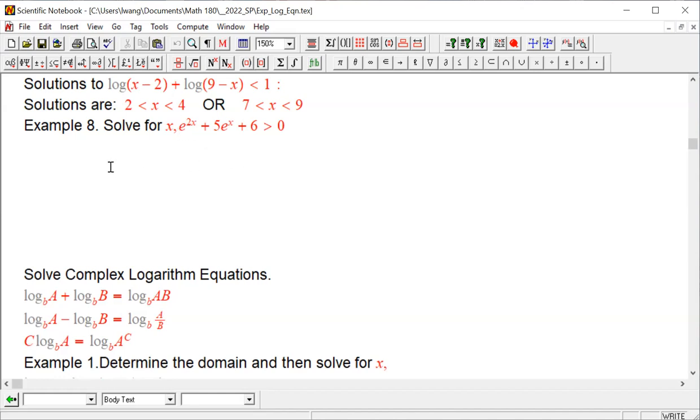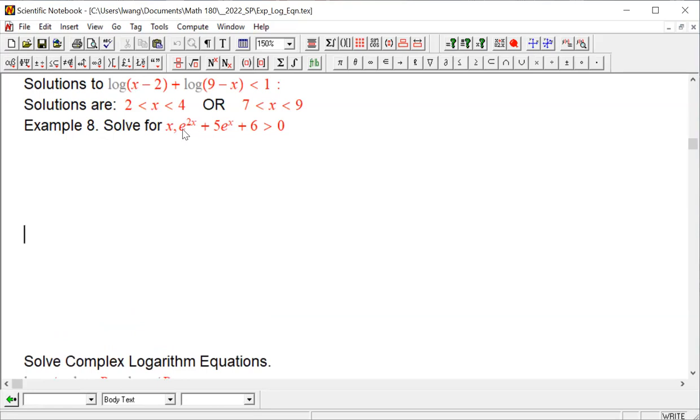Okay, how shall we do this? Well, if you look at the domain for this function, it's all real numbers. e to the power x is always positive. So this is positive for all real numbers. If we understand that, this is positive plus 6, so it is going to be larger than 6.